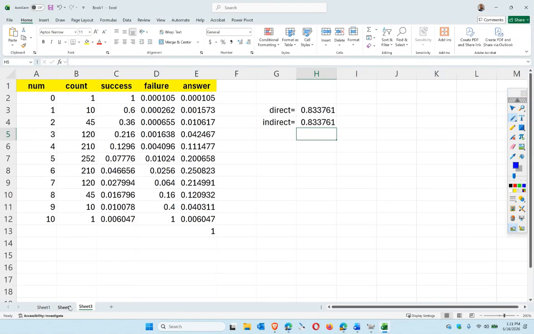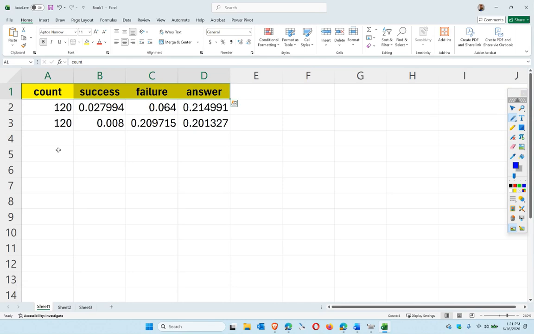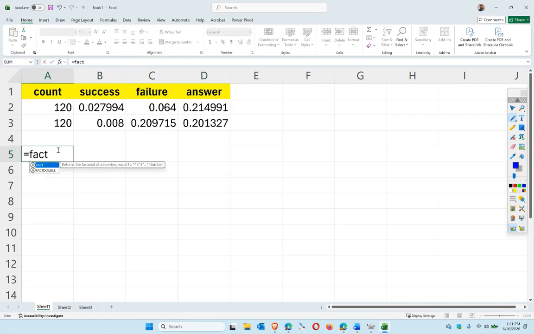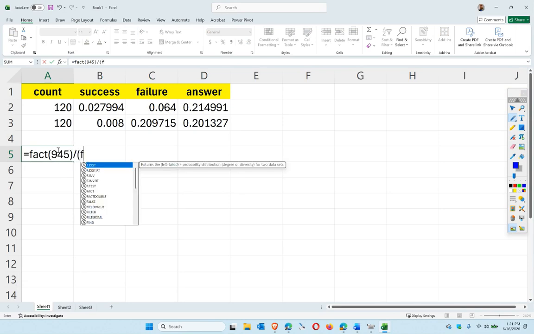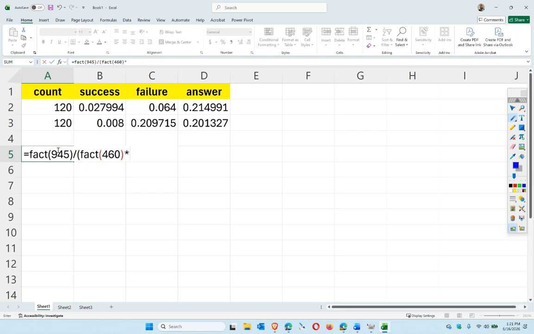Okay, so I'm going to just go back to here, and I'm going to do the count, which is the factorial of 945 divided by, parentheses, the factorial of 460 times the factorial of 945 minus 460, close paren, close paren. Oh, that didn't seem to work.